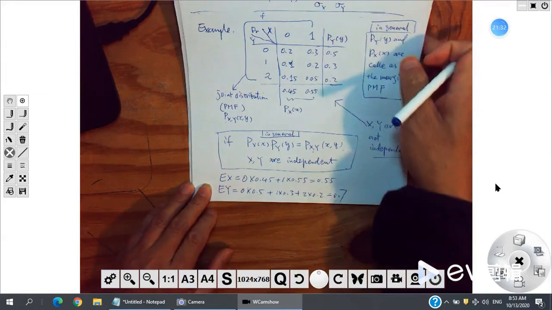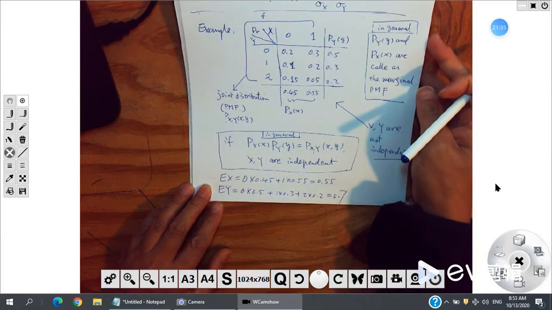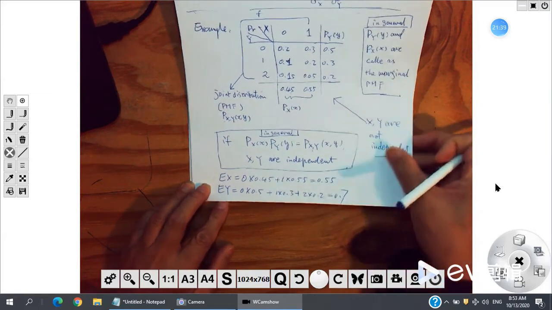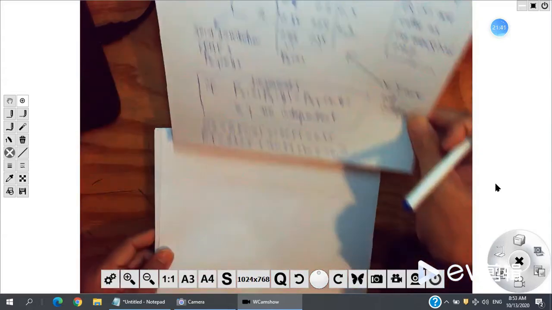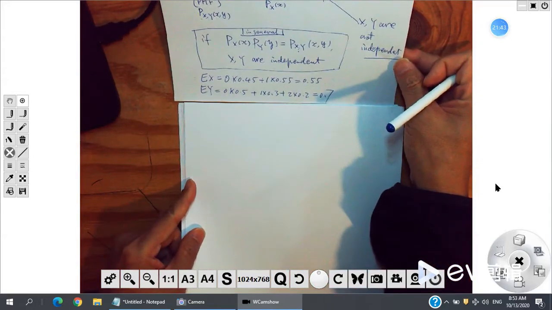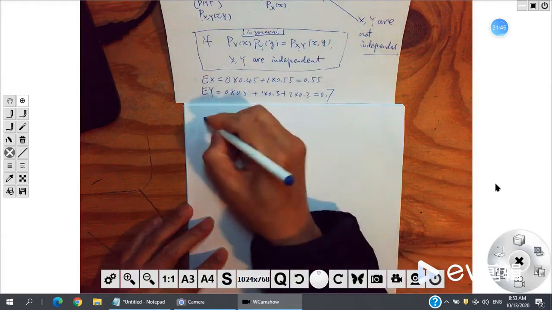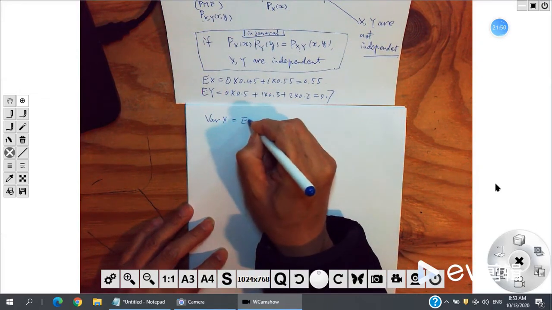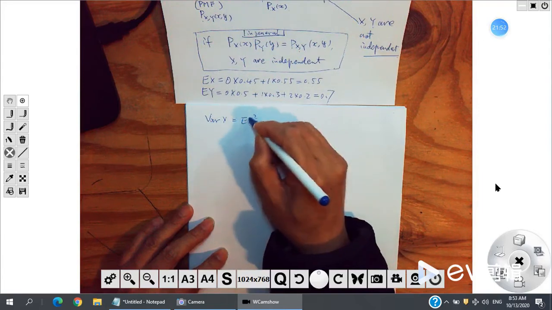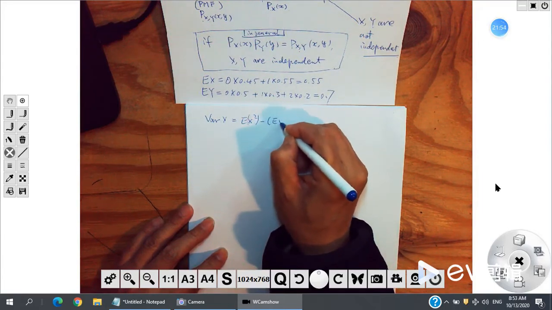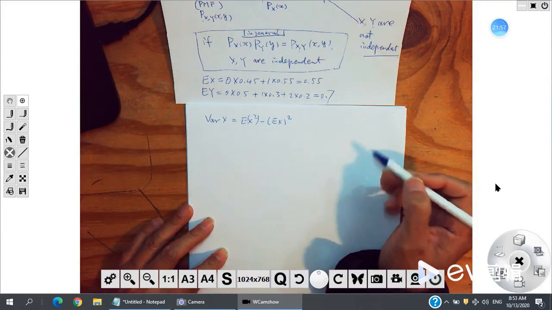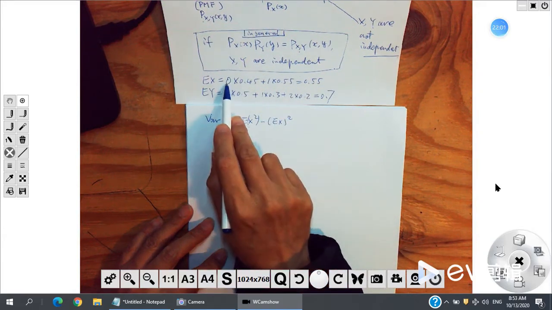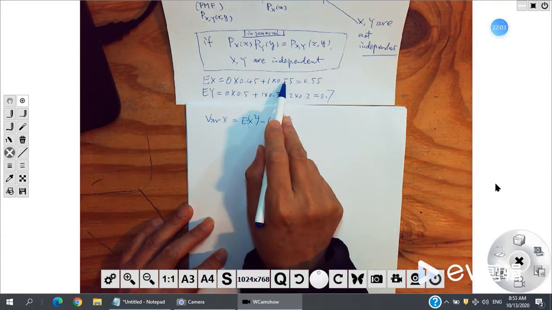This is the mean of Y. And we also have the variance, right? The variance of X will be E[X squared] minus the square of E[X]. Of course we can calculate it in a similar way. So this one will be 0 times this and 1 squared times this, right?